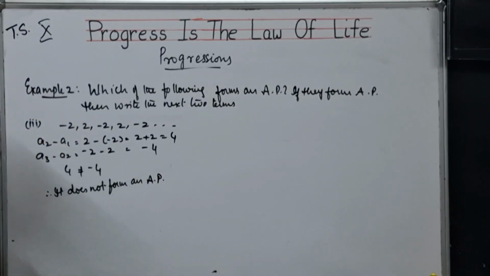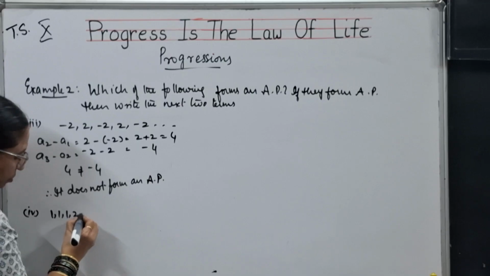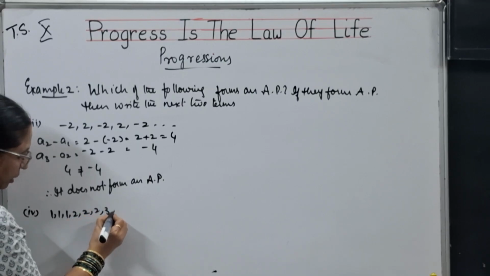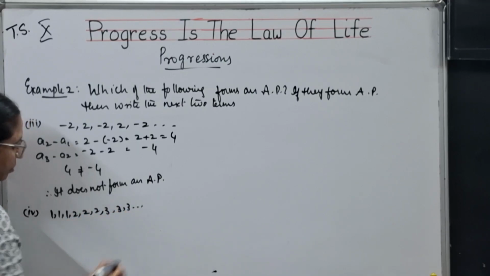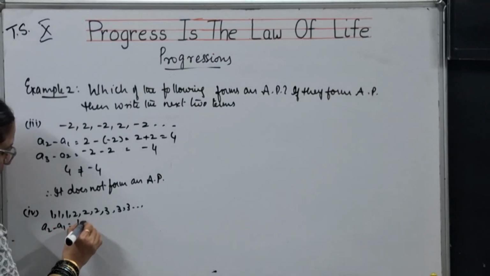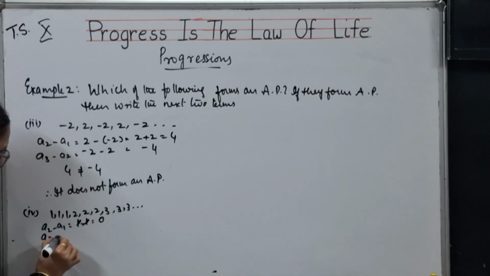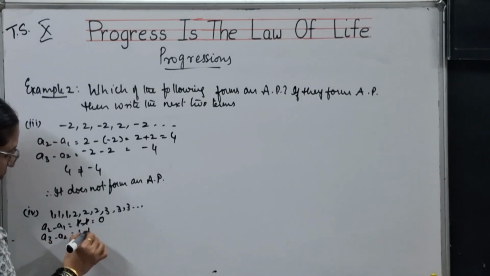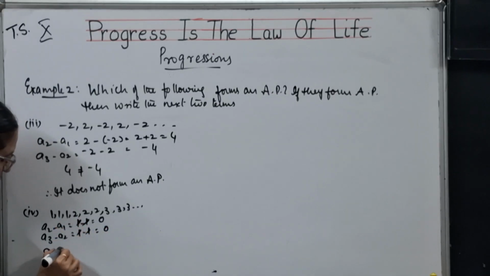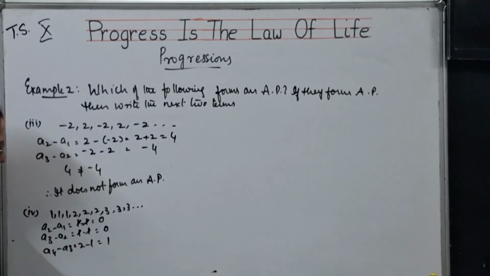So let me do the next problem here, fourth bit. Fourth bit is 1, 1, 1, 2, 2, 2, 3, 3, 3, so on. So a2 minus a1, 1 minus 1, it gets cancelled, 0. a3 minus a2 is also 1 minus 1, so it is 0. a4 minus a3, 2 minus 1, that is 1.